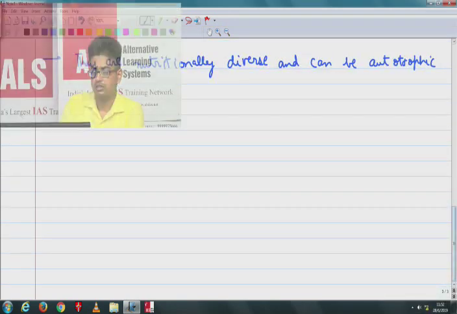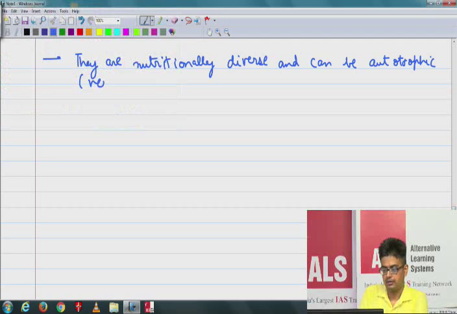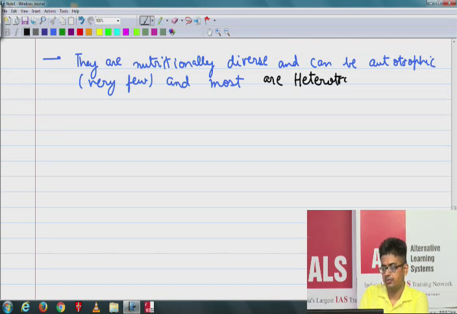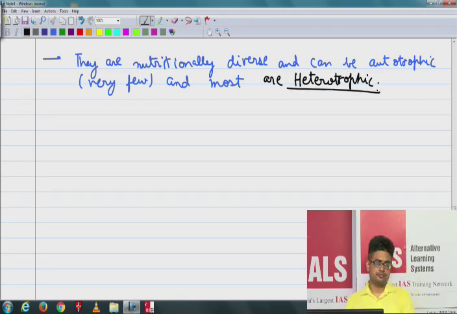Try to remember, very few. And most of them are heterotrophic. Heterotrophic may be decomposer or parasitic. Alright, so this is about it.